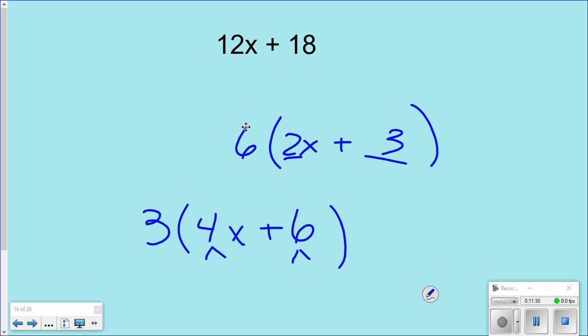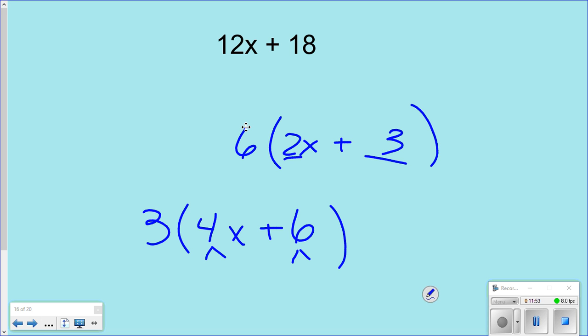If they still share something, what do they share? 2. If these two numbers in here share something yet, you do not have it in factor form. Factor form means it's factored all the way down to the smallest possible way it can. If they share 2 yet, they're not factored. Does that make sense to you guys?